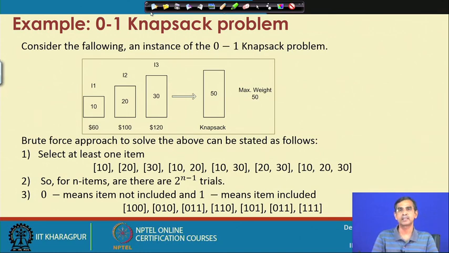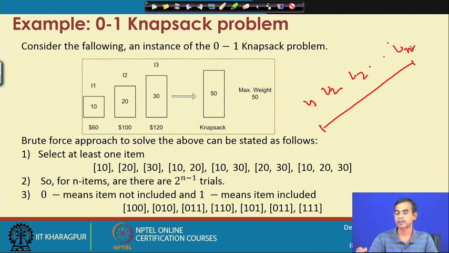Now, how can we decide the encoding scheme? We can decide it like this. There are n items, and the length of the chromosome is n. So, it is basically item 1, item 2, item 3 and so on up to item n.